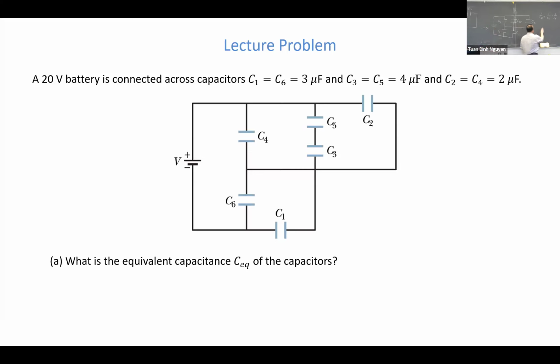And so this equals 1/4 plus 1/4. So that's 2/4, which is 1/2. That means C35 equals 2. Remember to invert it, because that's a common mistake to not invert it at the final step. So C35 is equal to 2 microfarads.